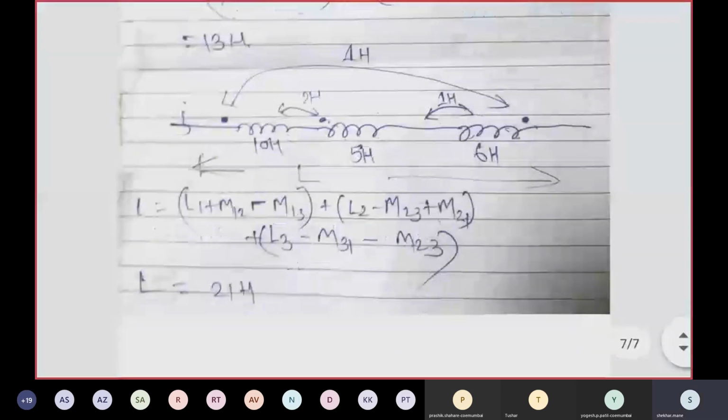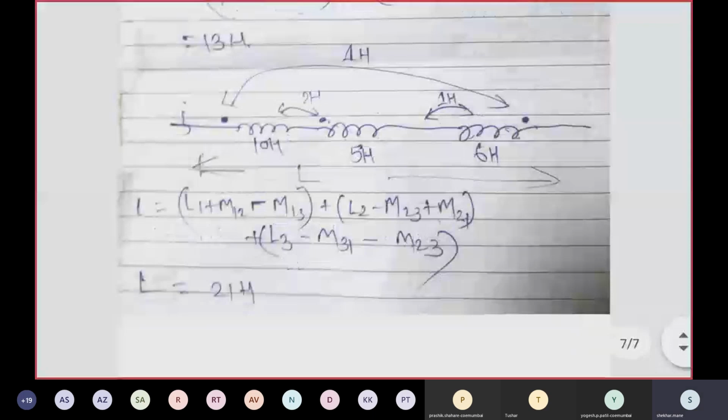Now if you consider this diagram, here two coils are the same, coil 1 and coil 2, and in the third coil the current is leaving the coil. The dot is at the end of the coil.